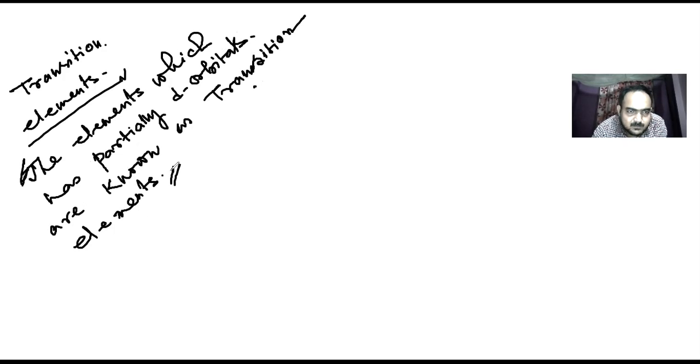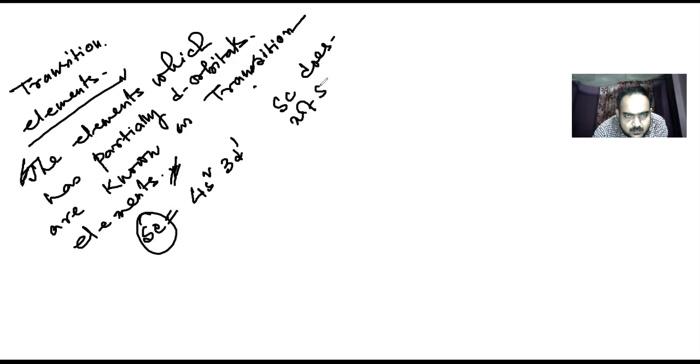You can see here, such as scandium, 4s2 3d1. You should remember this one. Scandium does not show variable valency or oxidation state.